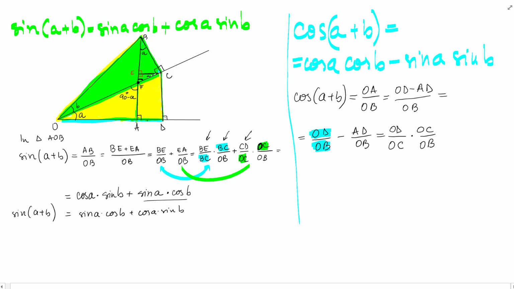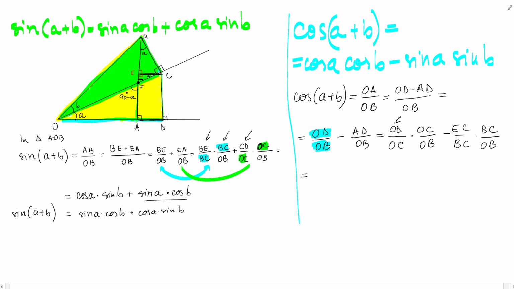And we're going to see that OD over OC is actually cosine of A. And then minus, and instead of AD over OB, we are going to write EC over BC times BC over OB. Because it's clear that AD and EC are equal to each other.